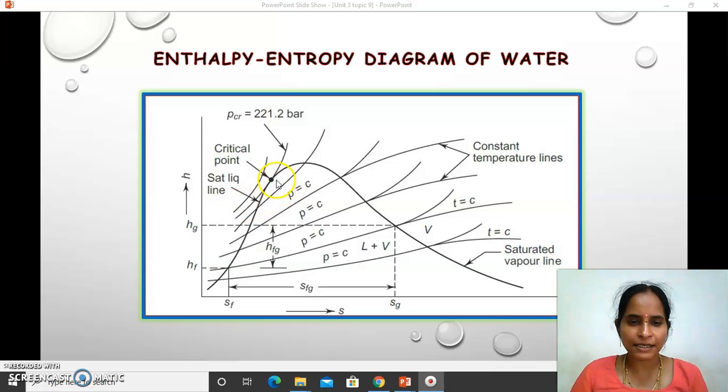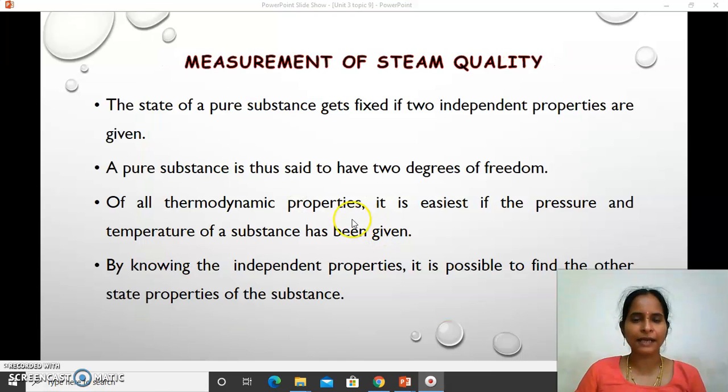And this is the critical point. These are all isobars. These are constant temperature lines. Other things I will explain in the next slide.